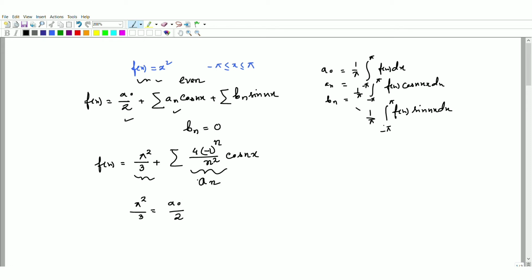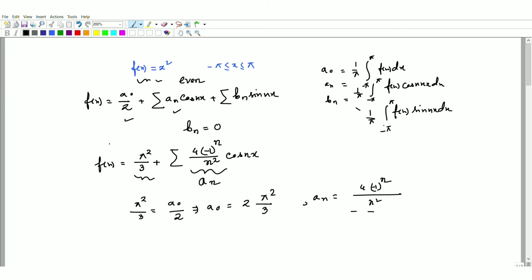So from this we have obtained the value of a0 and an. a0 will be 2 pi square by 3, and an is 4 times minus 1 to the power n by n square. When you use this relation to find an for this function, this value you will obtain. I have written down the expression of Fourier series just to show you.